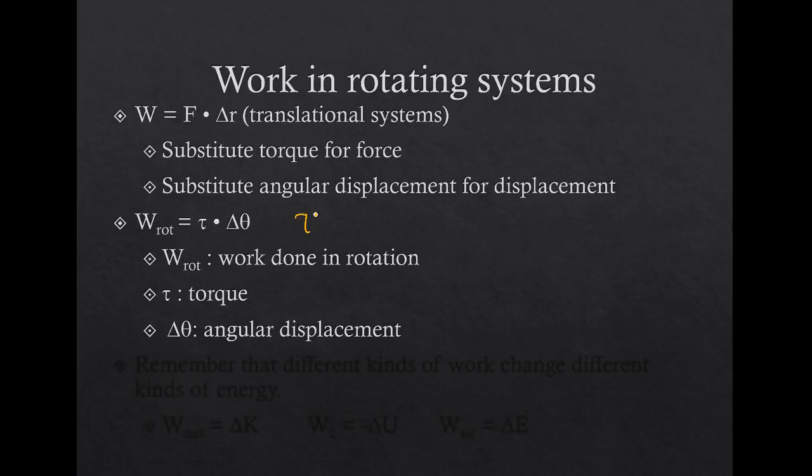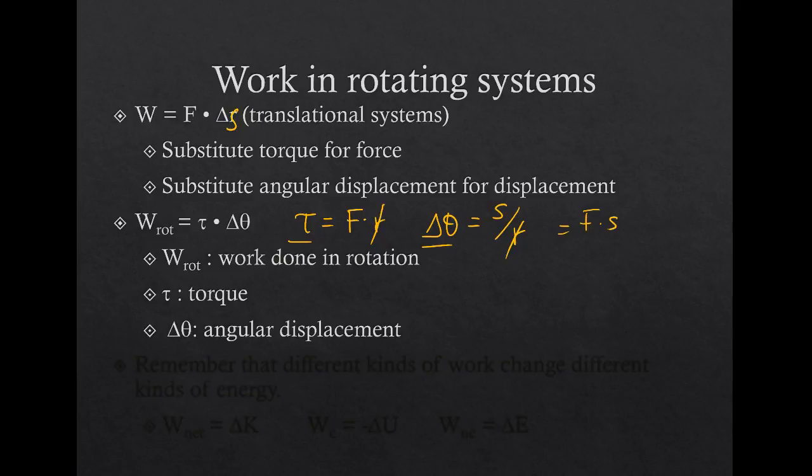Now if you remember that torque is force times radius, and roughly speaking, delta theta is S over R. This is kind of like delta S here. Then if you multiply those two together, you're going to get basically F times S, which is what we had. The R's will cancel. So that makes sense.